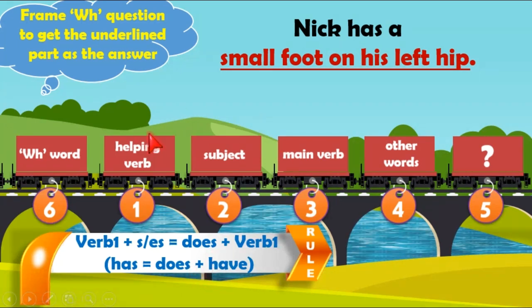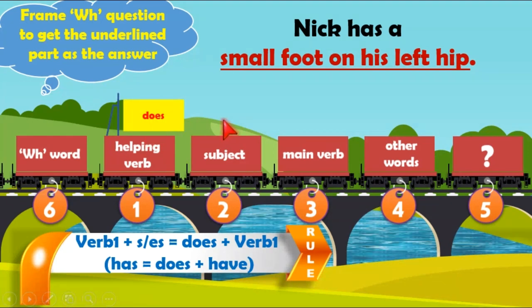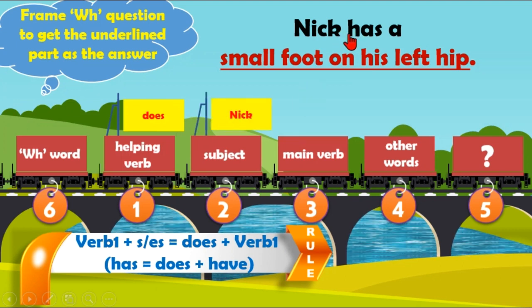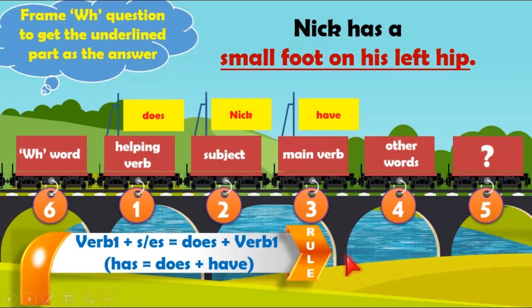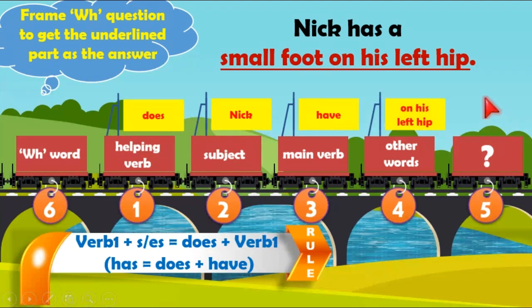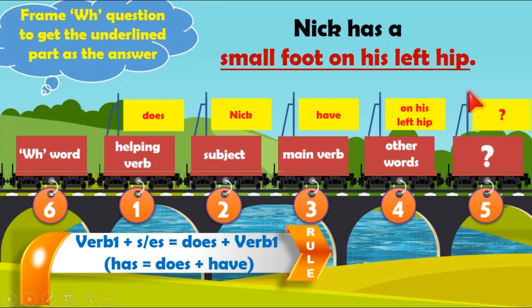So what is the helping verb here? Does. We have to write does. Then subject. Then the split words, does plus have. We have to write here have, and the other words on his left hip, then the question mark.